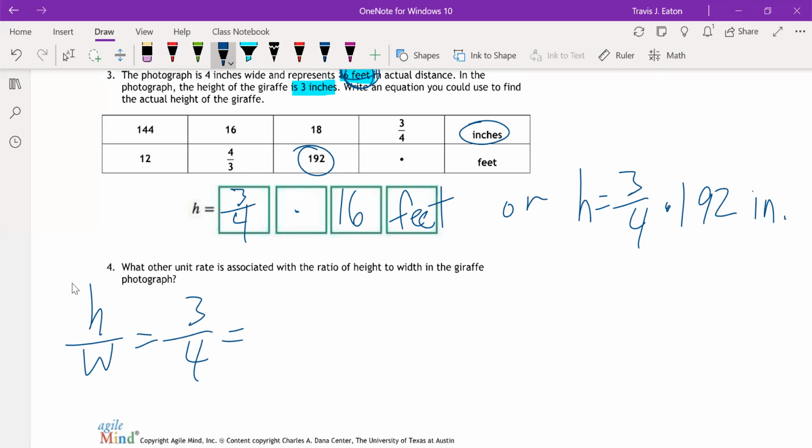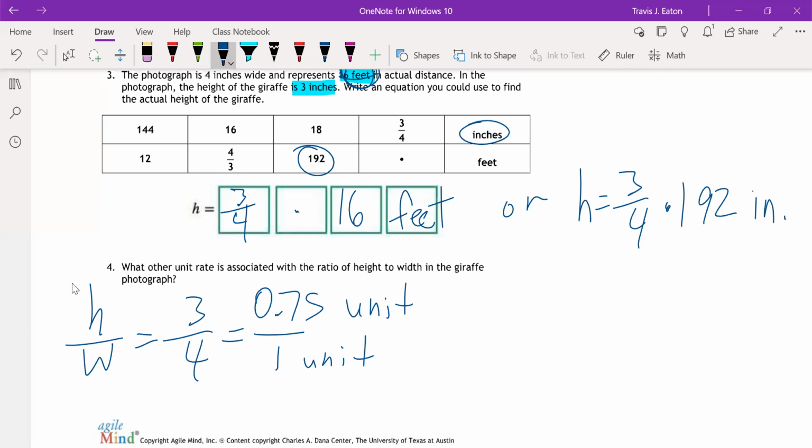If we wanted to make this a unit rate, then for every 1 inch of width, we would have 0.75 feet, or whatever units, in height. So 1 unit in width would be 0.75 units in height. But that's just one unit rate.